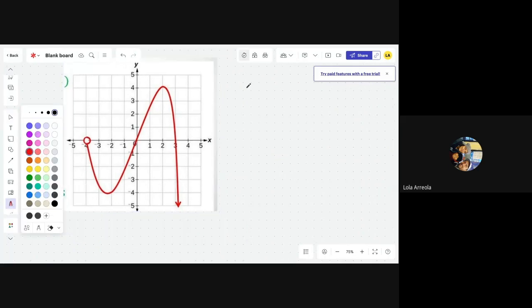Okay. So now we're looking at max and min. It's either going to say absolute or local, for both max and min.